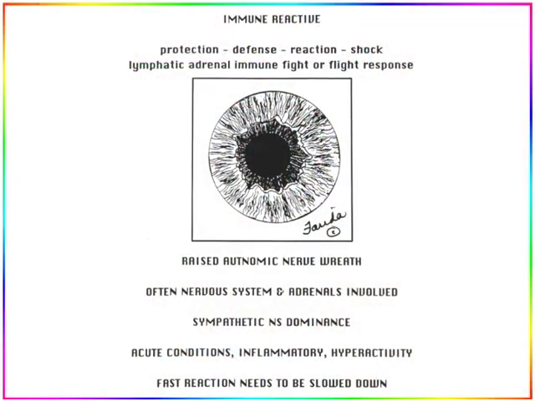And people actually exist like this. Their nervous system is to such a severe degree, and the adrenals, they can have trauma after trauma. And it can also develop because of internal anxiety patterns and so on. Acute conditions, inflammatory hyperactivity.